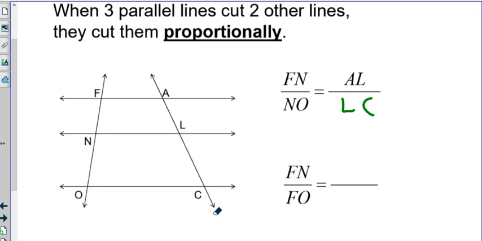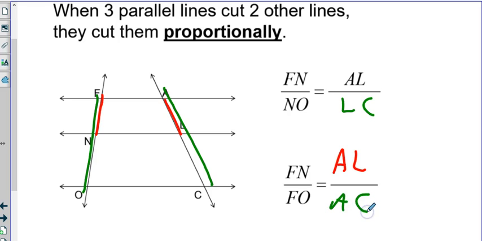And then FN, which is a small piece, is proportional to FO, the whole thing, the same way AL is proportional to the whole thing, AC. So small to big, small to big, small to whole, small to whole.